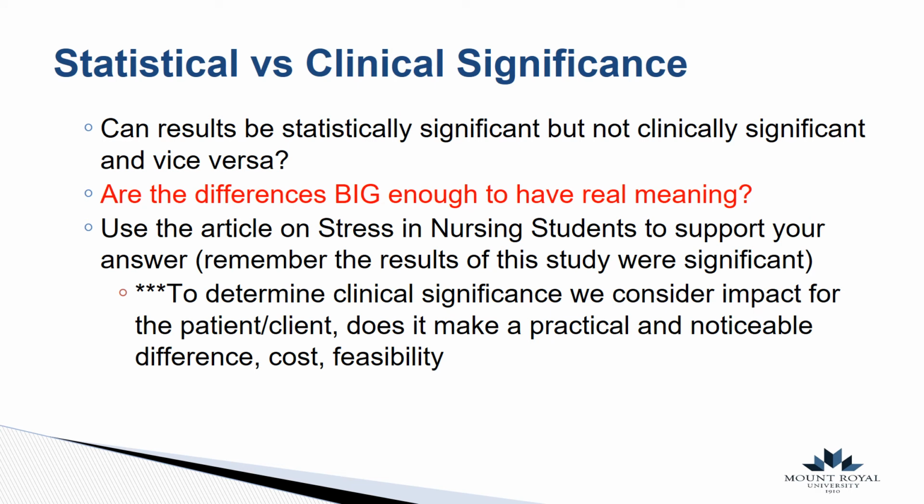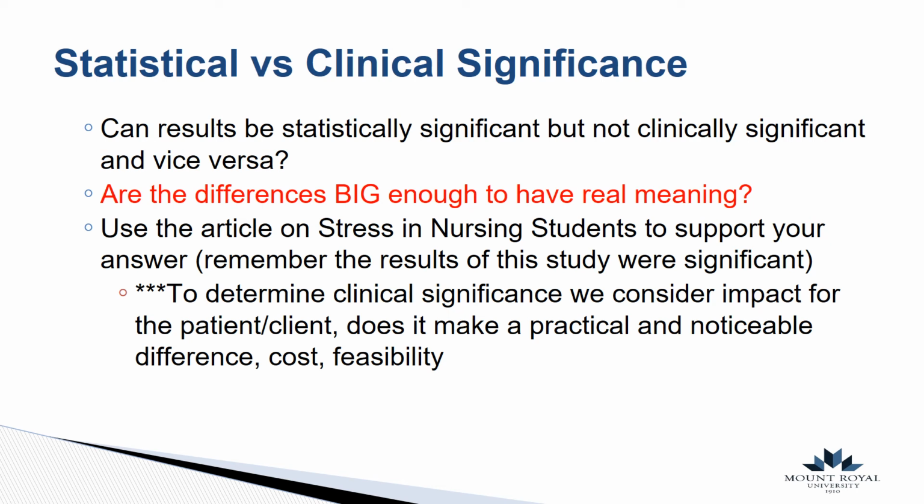So statistical versus clinical significance. So often, I guess let's ask the question, can results be statistically significant but not clinically significant, and vice versa? And the answer is yes.